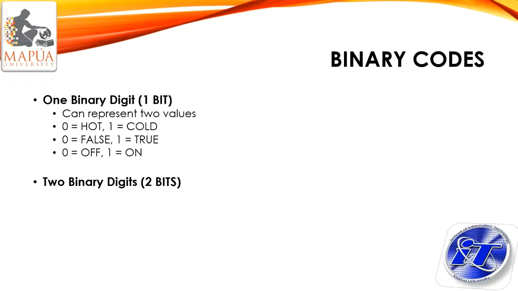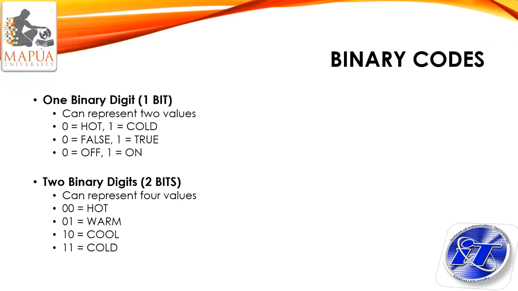If we increase the number of binary digits, for example to 2 bits, we could represent more data in a set. With 2 bits, we could represent 4 distinct values.